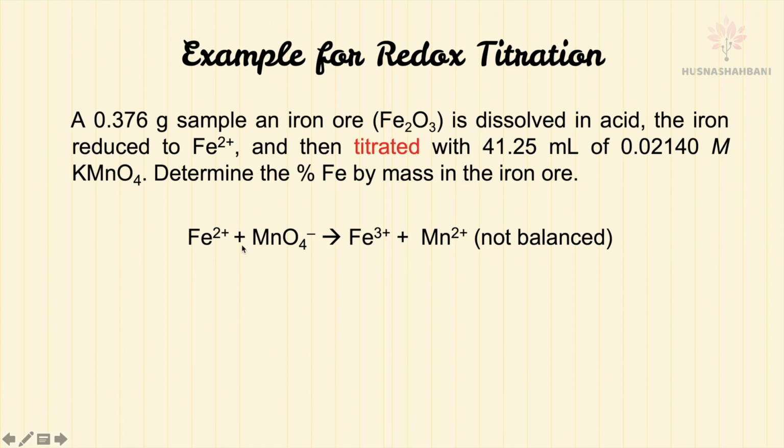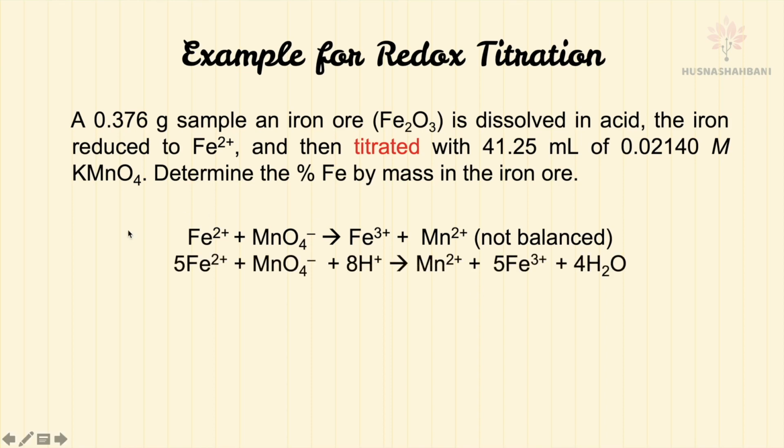In order to balance a redox equation, you must follow the step-by-step redox equation balancing. After you balance the equation, you get 5 Fe2+ + MnO4- + 8H+, produce Mn2+ + 5 Fe3+ + 4 H2O.